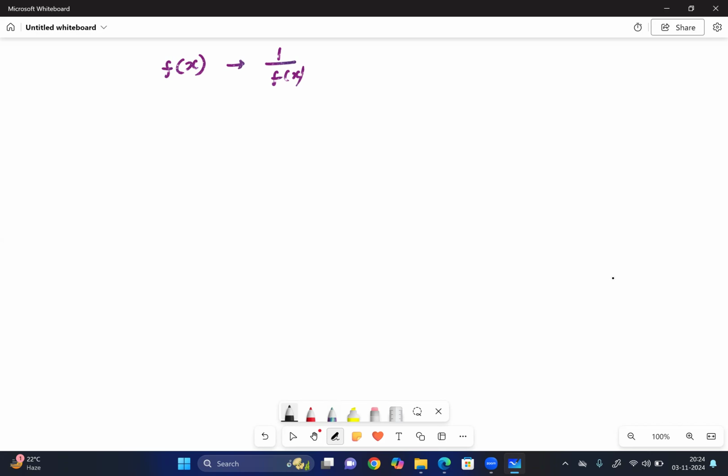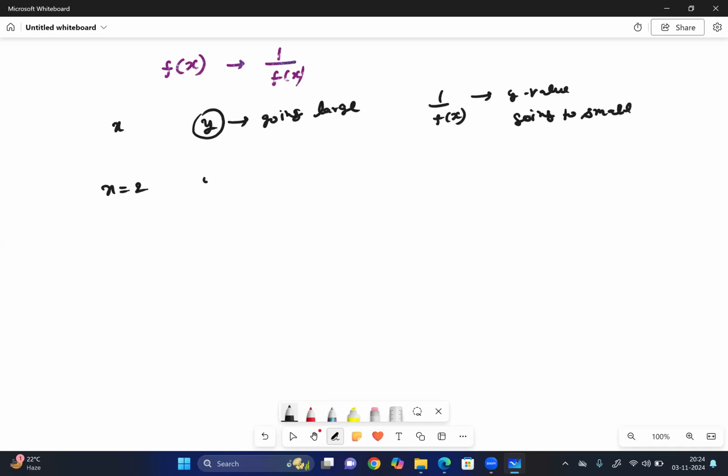Think like that: if for some value of x we are getting some value of y, and this y value is large, then in case of the reciprocal, the y value is going to be small, because it's getting reciprocated. For example, for x equal to 2, let's say y is 10.